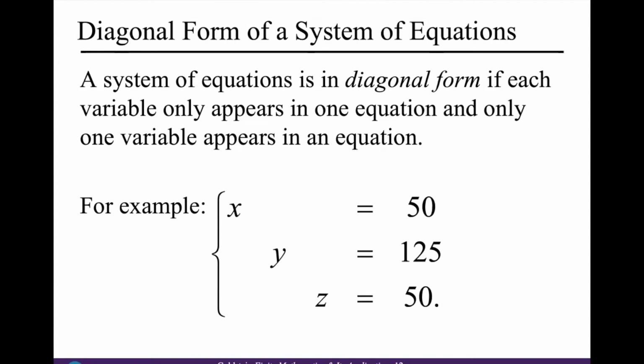So you can see why this system of equations is called diagonal, because the only terms to the left of the equal signs are right here along this diagonal. And from a system of equations that's in this form, it's very easy to read off the solution. In this system of equations, X is 50, Y is 125, and Z is 50.